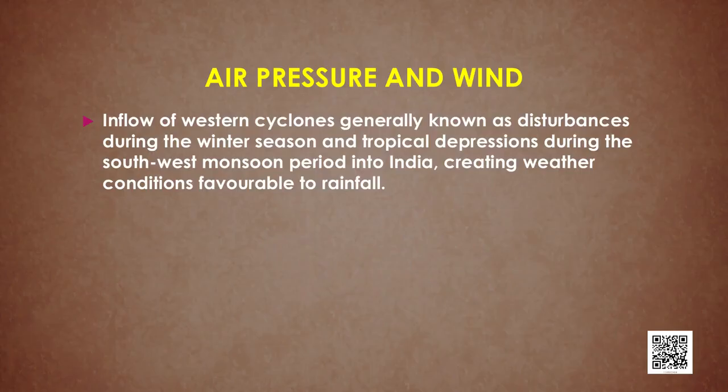Other than the surface winds which blow in the lower atmosphere, we have very fast blowing winds in the upper atmosphere too. All of them together leave an influence on the climate of our country. Inflow of western cyclones, generally known as disturbances during the winter season, and tropical depressions during the southwest monsoon period, create favorable conditions for rainfall.